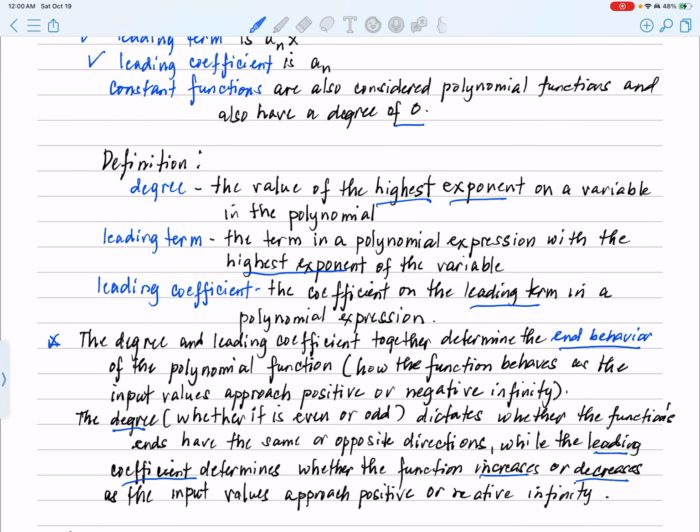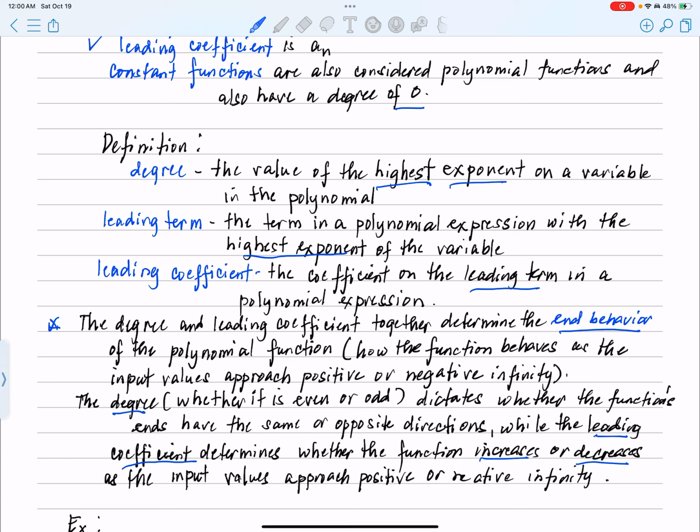The degree and leading coefficient together determine the end behavior of the polynomial function. That is how the function behaves as the input value approaches positive or negative infinity.